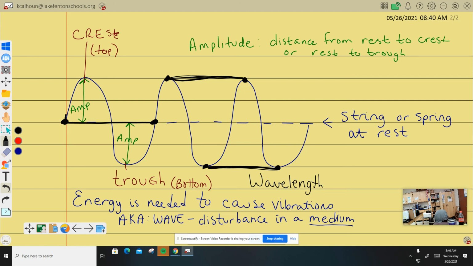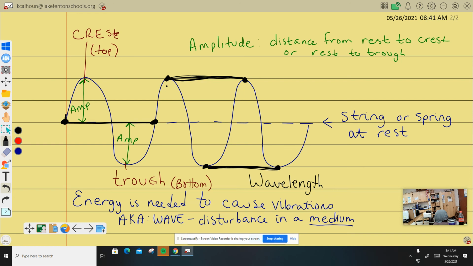Okay, so that's going to be distance from crest to crest. Notice it's the first one crest to the next immediate crest, right? You're not skipping one. It's just here to there. Trough to trough. This point to that point. Okay?